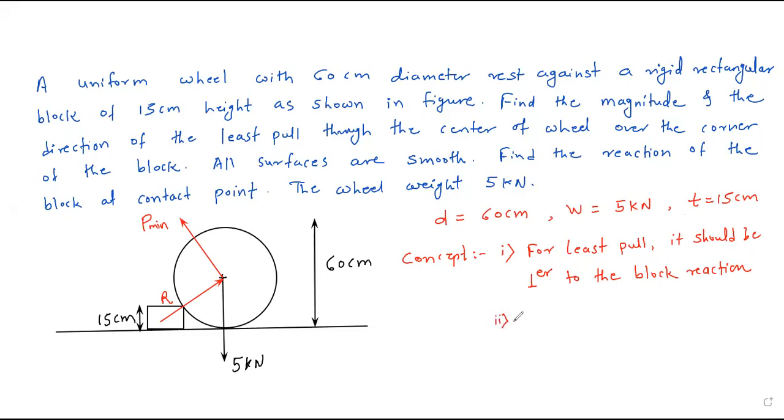And the second thing is that the wheel will turn over the block, and if this wheel is turned over the block, then there is no contact reaction between floor and wheel.